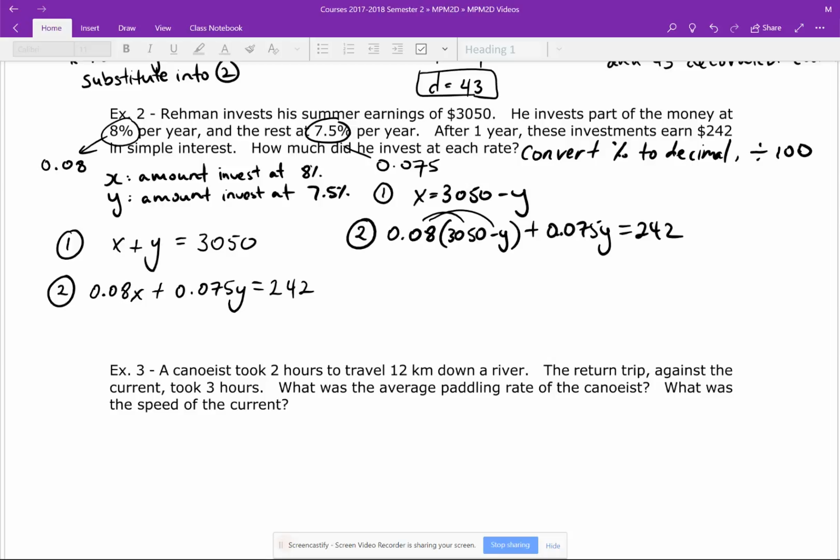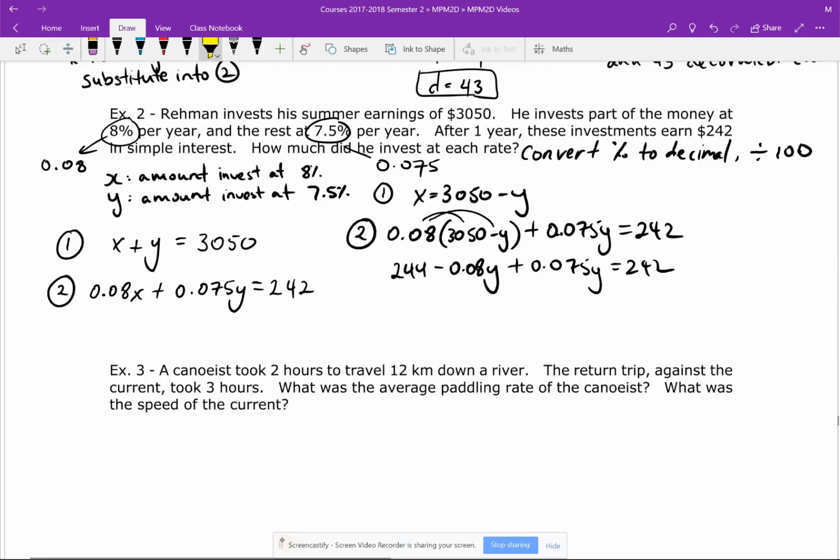Okay, so 0.08 times 3050 is 244 minus 0.08y plus 0.075y equals 242. Okay, and then if I subtract 244 from both sides and I collect these two like terms, I'm going to get some negative value here.